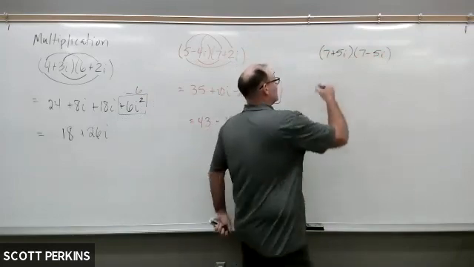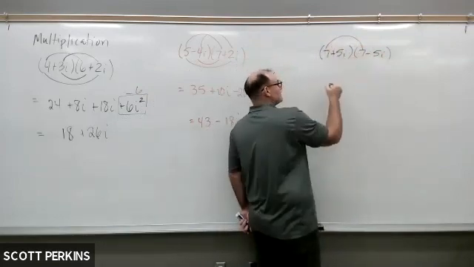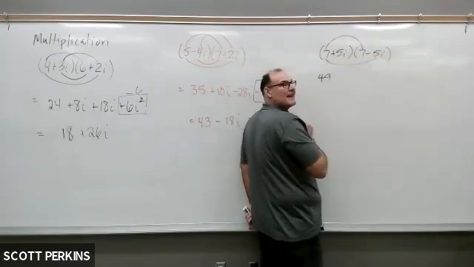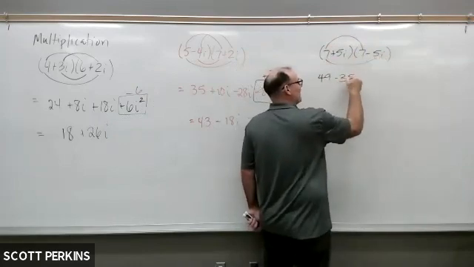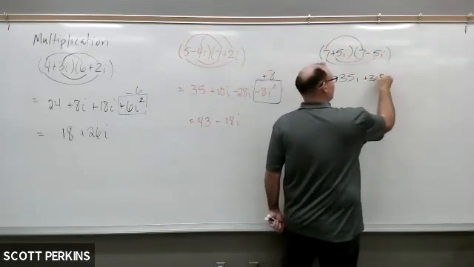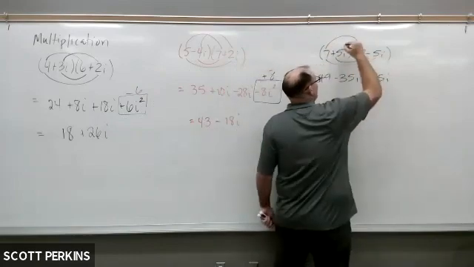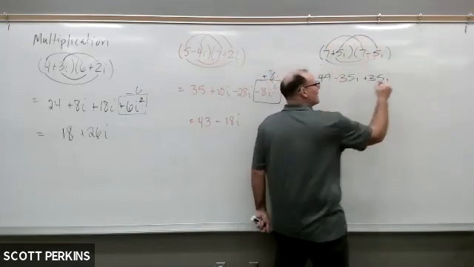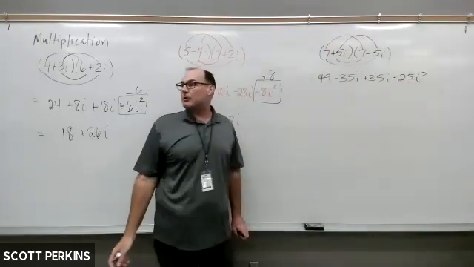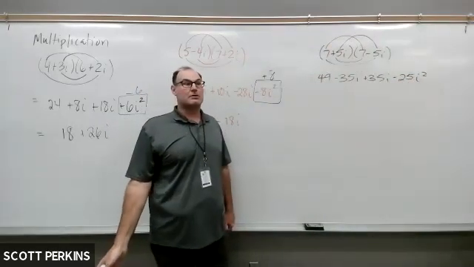Here we go. My first, 7 times 7 is 49. My outers, 7 times negative 5i is negative 35i. My inners, 5i times 7 is positive 35i. And then 5i times negative 5i is negative 25i squared. Are we looking at the same 4 terms? Any questions about any of those terms?